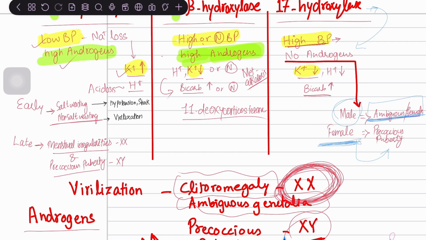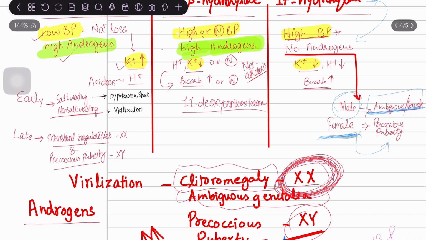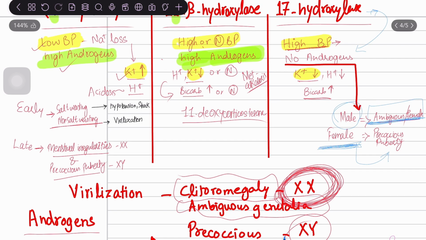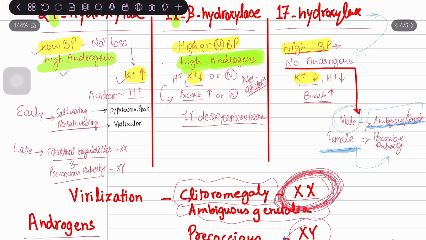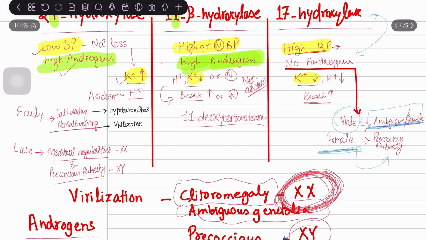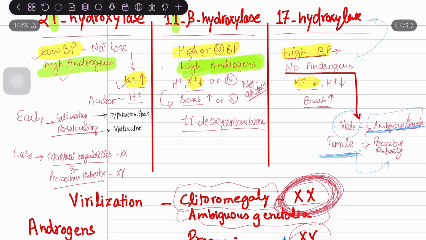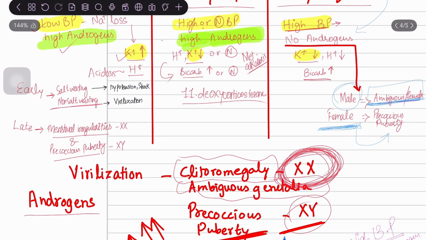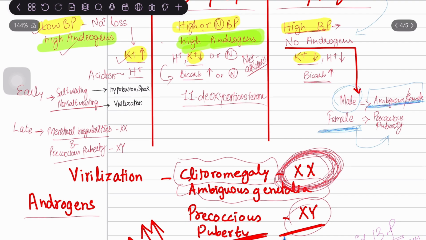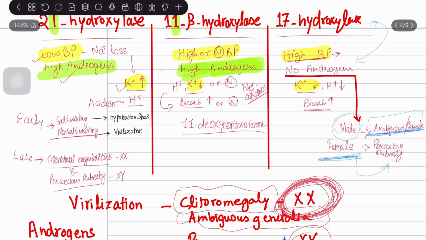So with the salt wasting type, aldosterone is not there, cortisol is not there, so shock. Done and dusted. Now the non-salt wasting type: only virilization will be there in presentation. In late 21 hydroxylase, there will be menstrual irregularities in females and precocious puberty in males. That's it.